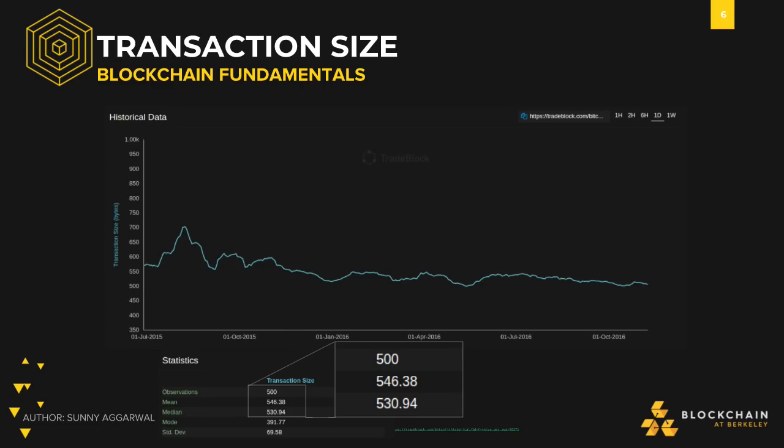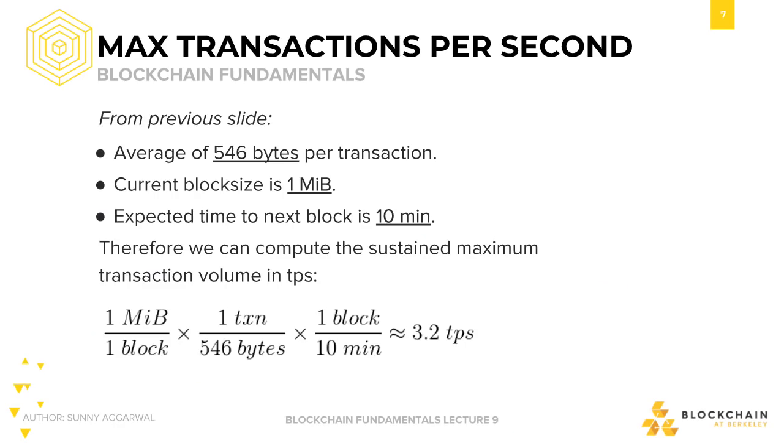Solid. Okay. So here we see this graph of transaction size over time. This isn't the most updated slide, but you see that it's pretty standard, and we have tried to keep it pretty constant. So the maximum number of transactions per second can be calculated like this. If we have an average of 546 bytes per transaction, so that's set, right? One transaction is going to take 546 bytes, and our current block size is 1 million bytes.